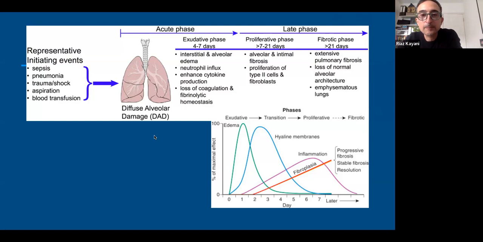You can see by the phases in that little graph that different mechanisms are in play at different times through the condition. So edema is very prevalent in the beginning, and then inflammation, and then that is taken over by fibrosis, and then hopefully resolution. But the timing of the processes is different.